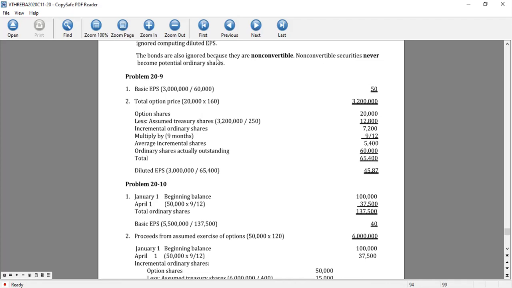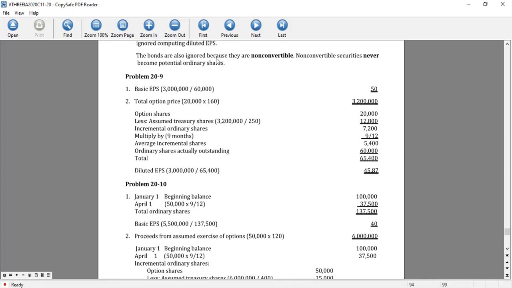So for the total option price of 20,000, that's the share options, and then we multiply it by 160,000. Now, as stated, the entity issued 20,000 options.